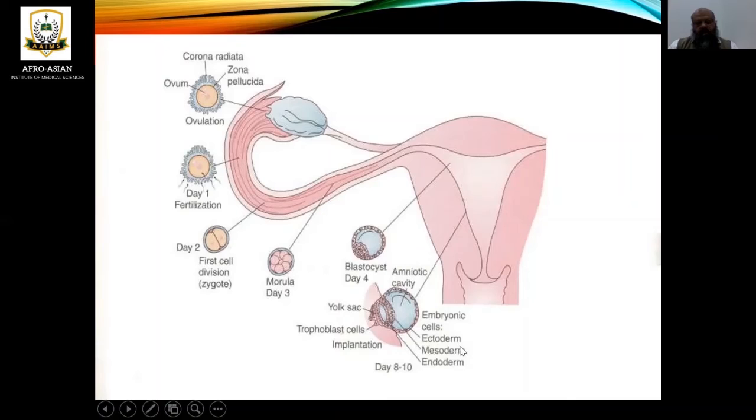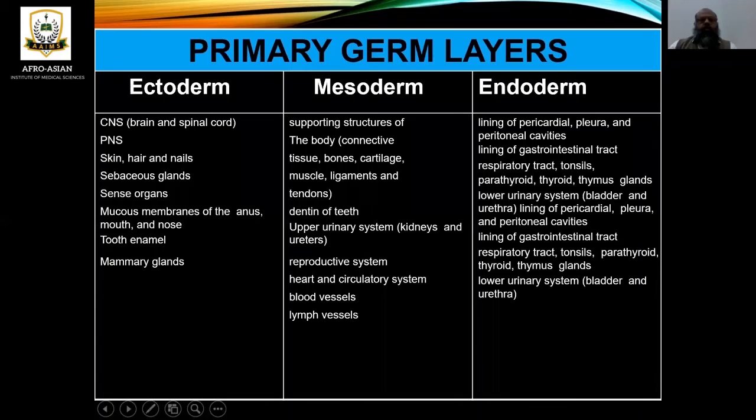Then we have got the embryonic cells, which are of 3 types, the ectoderm, mesoderm, and endoderm. This is a stage of day 8 to 10. There are 3 layers.